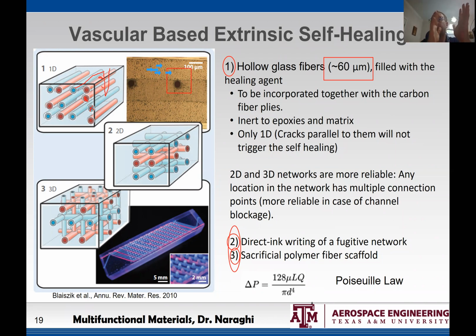So 12 times smaller than the diameter of the tube, which means in order to put one of those tubes in, I have to remove 120, 140, or 150 of these load-bearing fibers.